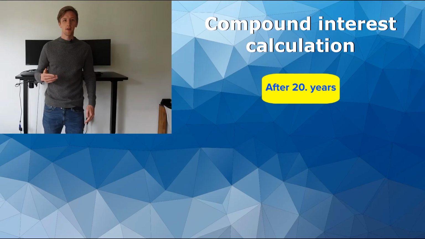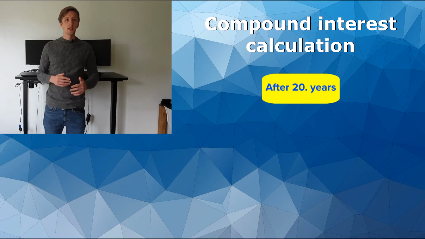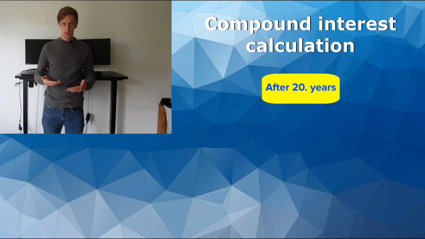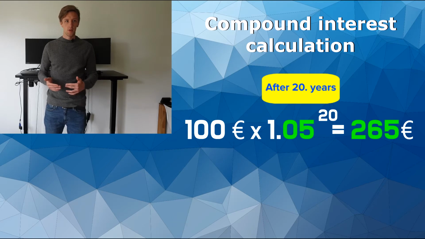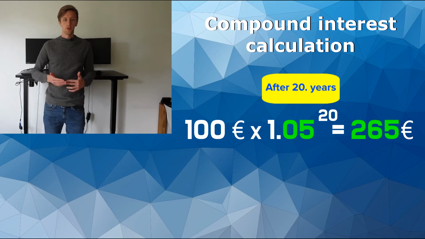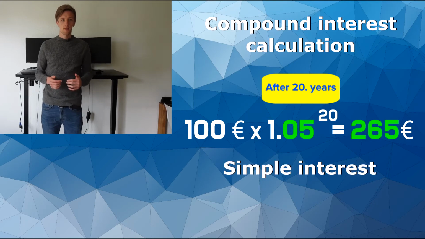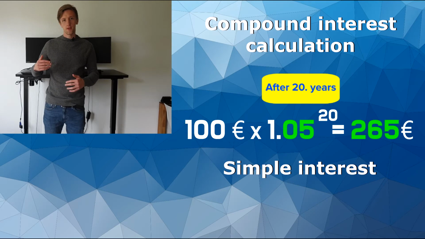And coming back to our previous example, let's say that we decided to leave this money for another 10 years, so 20 years in total. And in the end, our capital will be worth 265 euros. Let's compare that with a simple interest where we would have received and spent 5 euros each year.